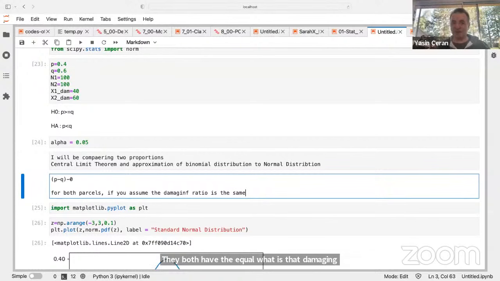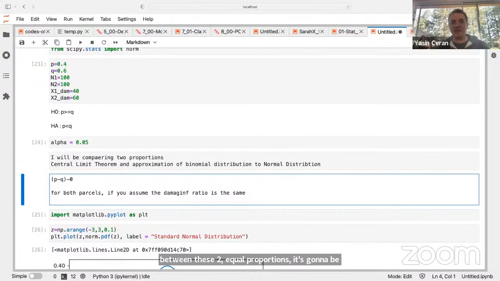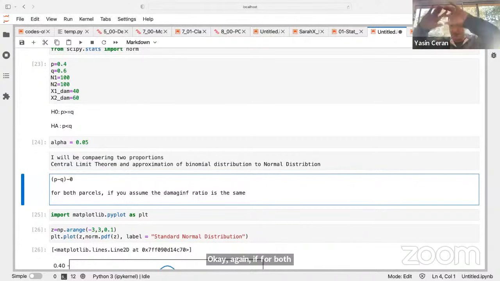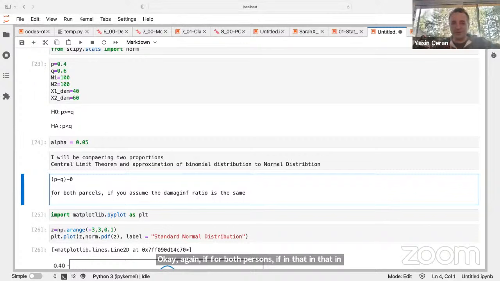If you take the difference between these two equal proportions, it's going to be 0. In that world, which may not be real, if you assume P and Q are both coming from the same distribution, their difference will be 0.